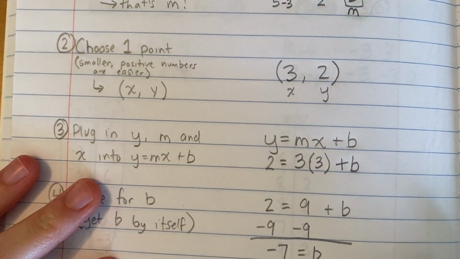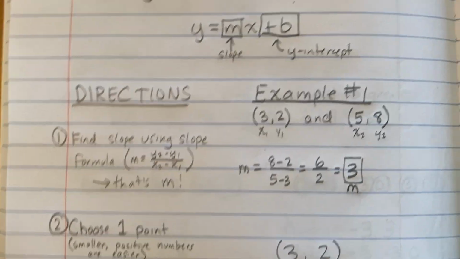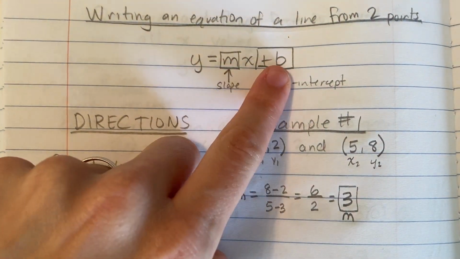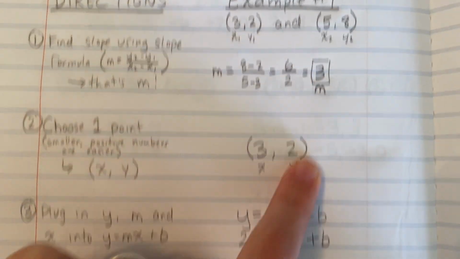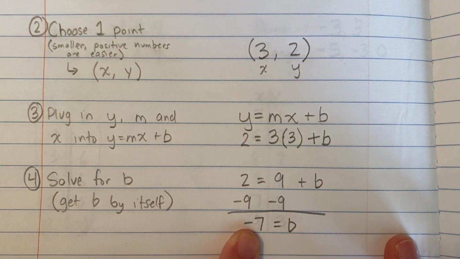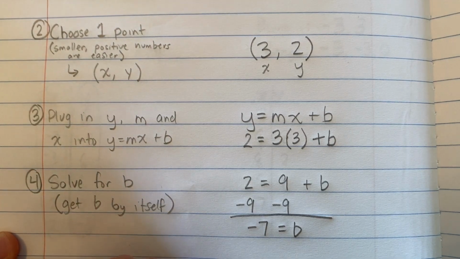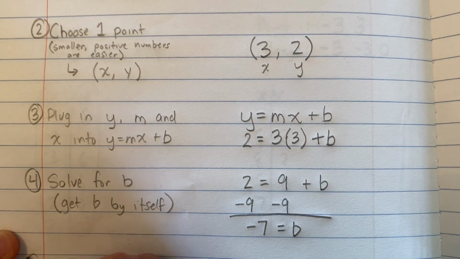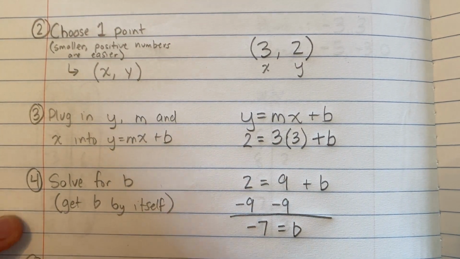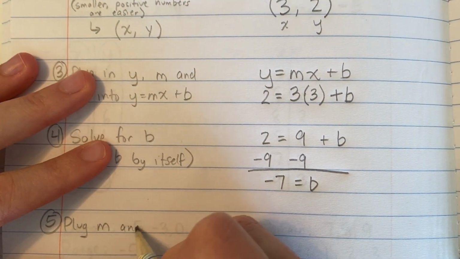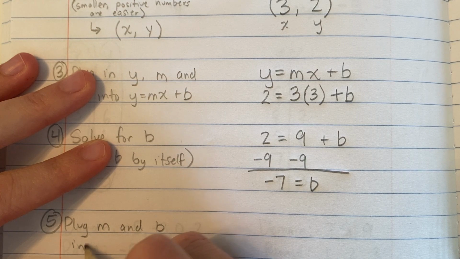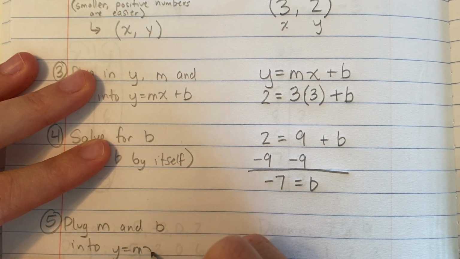So hey, you know what? I'm in good shape right now, because remember what I needed? I just needed an m and a b. And look what I have. Here's my m. I boxed it so I could find it easily. Here's my b. I got it. So now I'm ready to plug m and b back into y equals mx plus b.